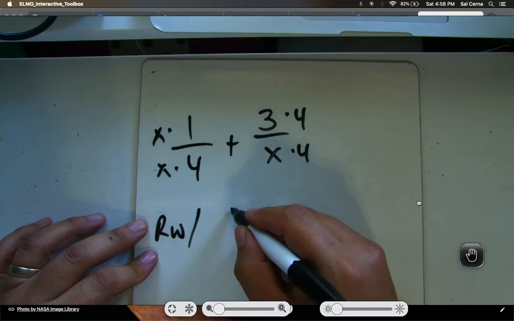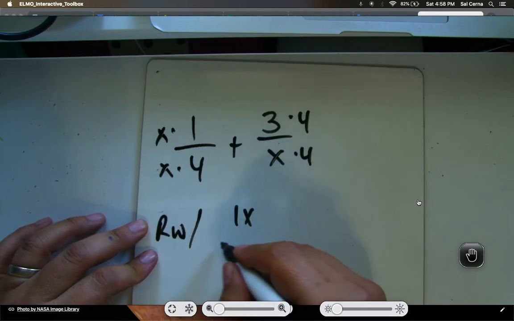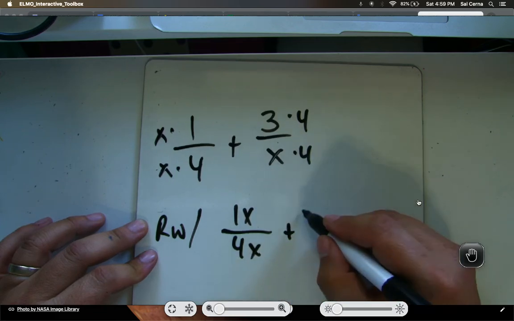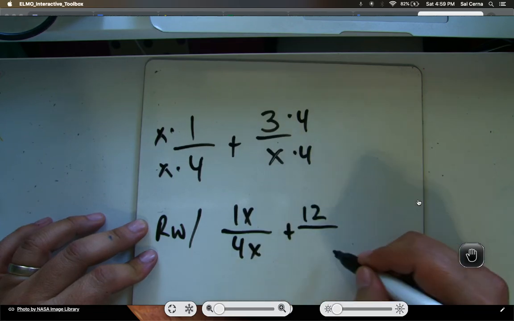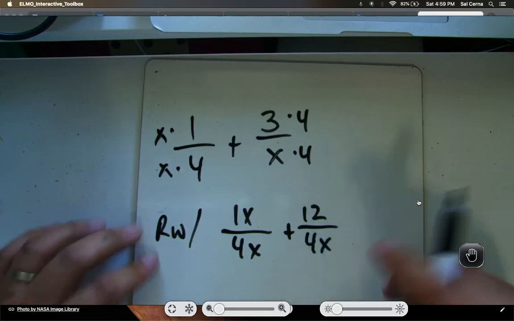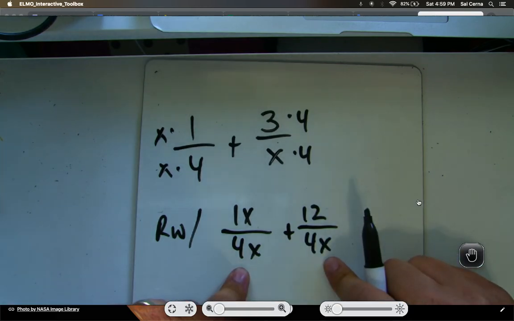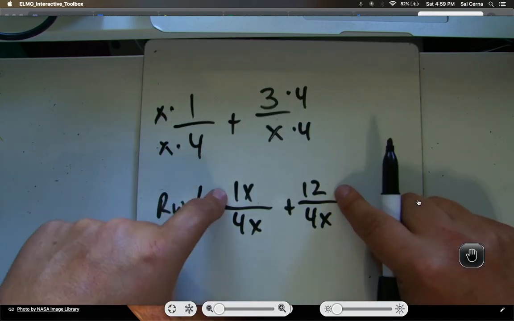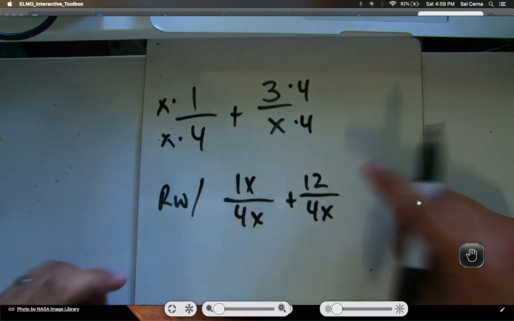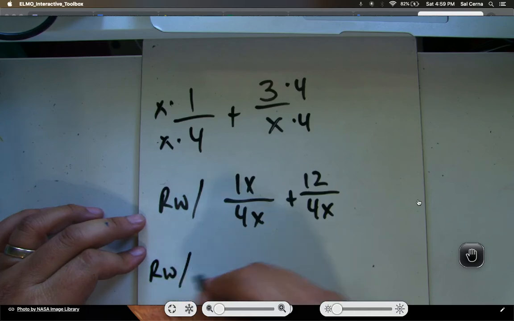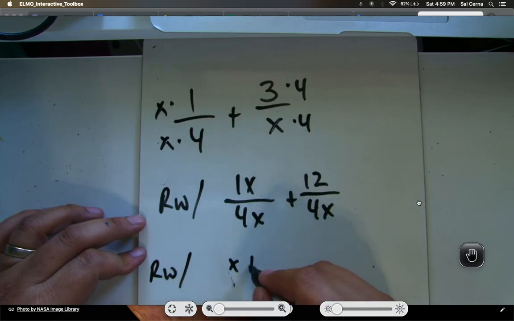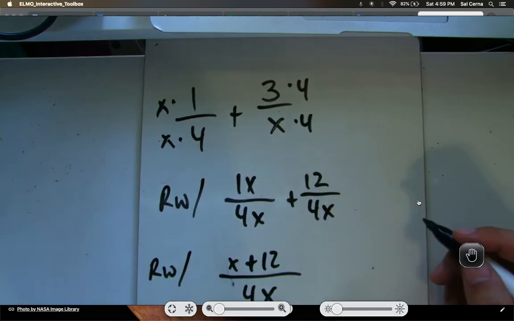I have 1x divided by 4 times x, plus 3 times 4 is 12, divided by 4x. Now notice that my denominators are identical. So now I can go ahead and add the numerators. I'm left with 1x, I'm going to remove the 1, x plus 12 divided by 4x.